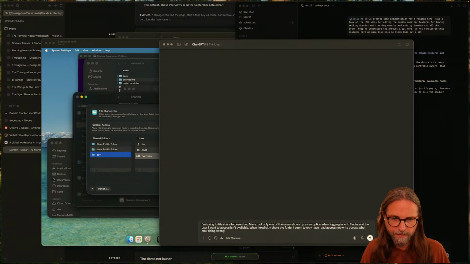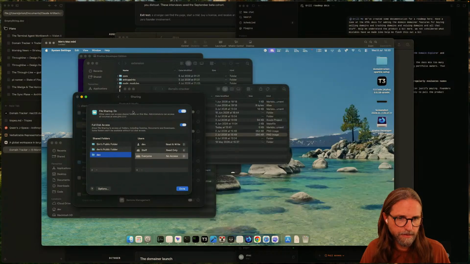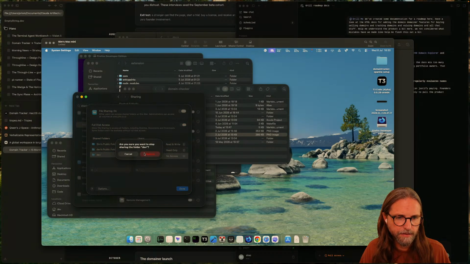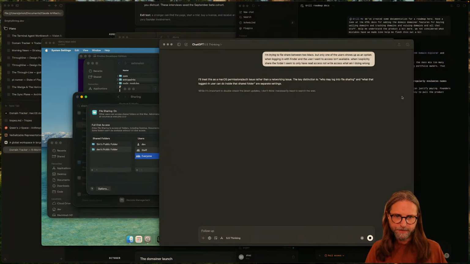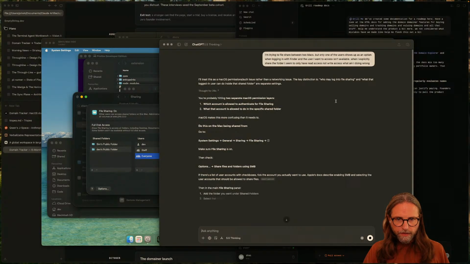What am I doing wrong? I want to log in as the user. But maybe there's restrictions on logging in as a user, what that account is allowed to do in the specific shared folder.